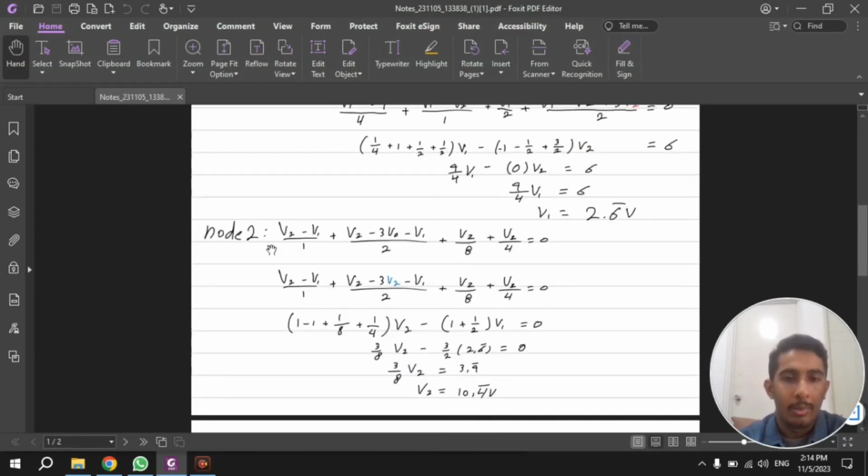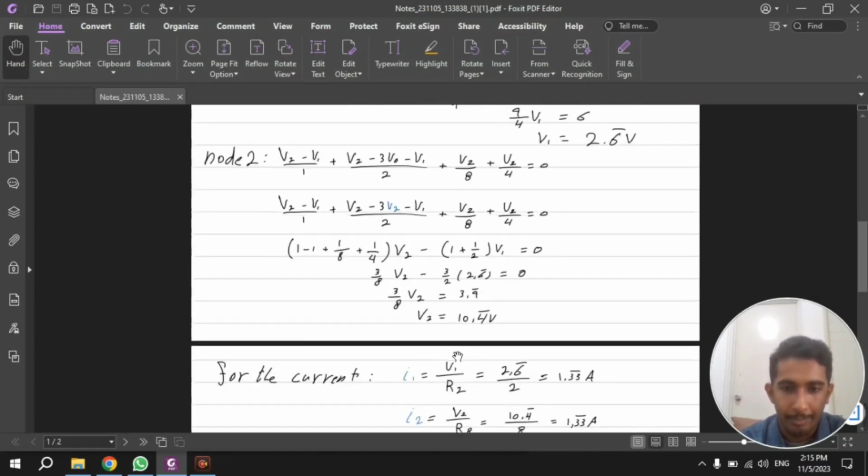For the second node, we're gonna have another equation, and we also need to make V0 become V2. Then we have some calculation, and we end up with this equation. We have already got V1, so we just put it here and solve for V2.